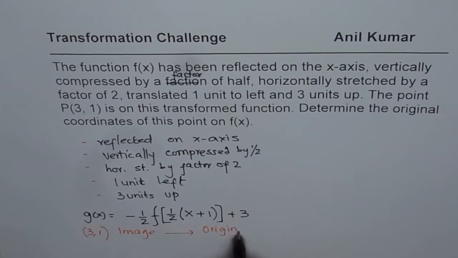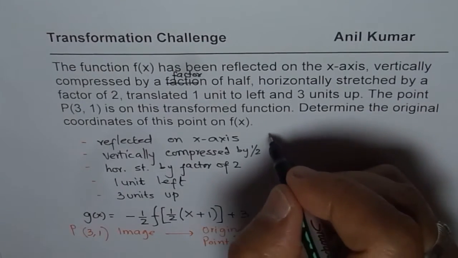This is the question. I hope you understand what the question is. We'll call this image P, and the original point, let's say, A. So what should this point A be? This is the question for us.